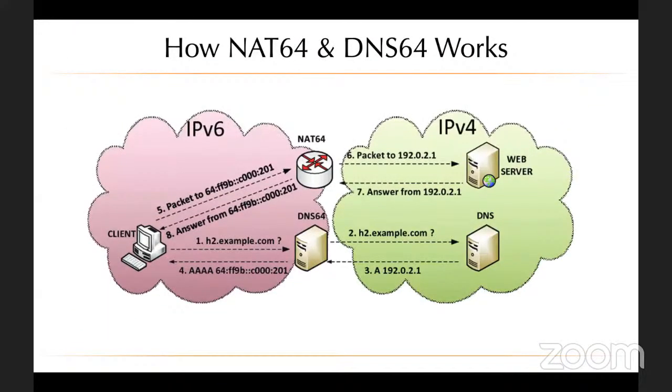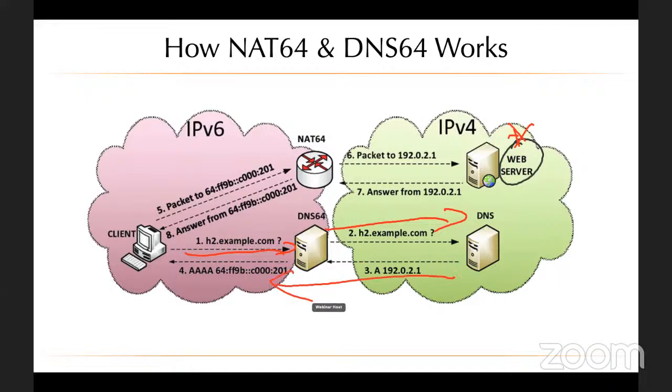In this illustration, it's all numbered. First thing, the client sends a query trying to connect to example.com, which is the web server on the top right. So first, it sends a query to DNS for example.com. DNS looks for this domain name, and we get back an IPv4 address.